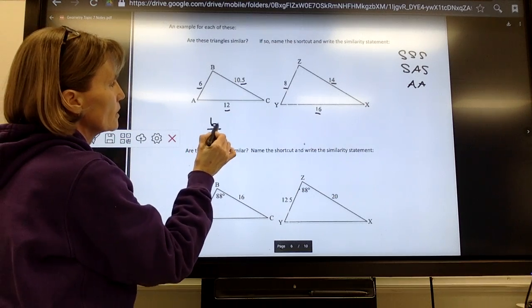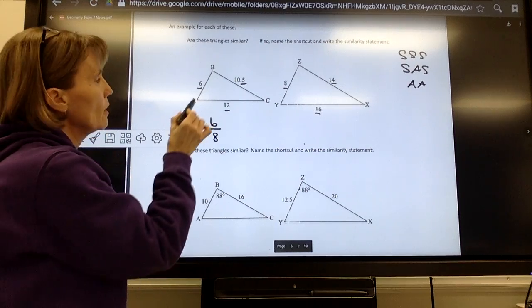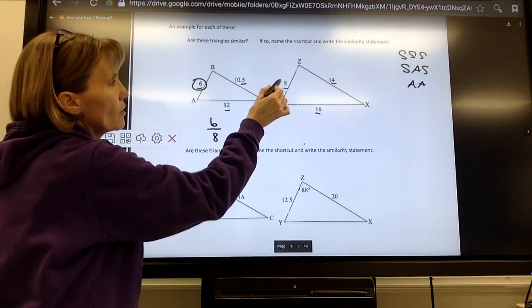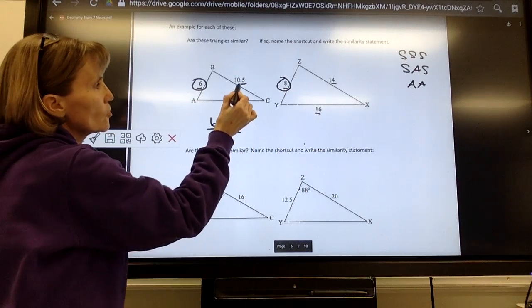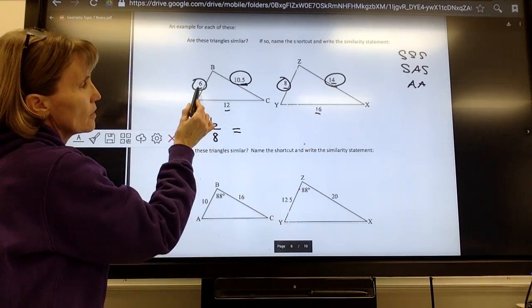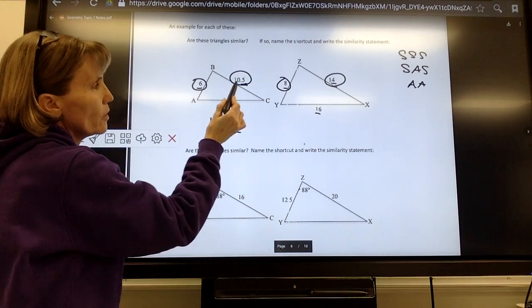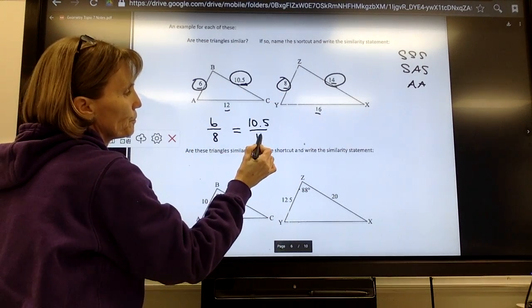So we're going to take 6 and set it in a ratio with its corresponding side. This side on the figure corresponds with this side, so we make a ratio out of it. And we see if that ratio is the same for another set of sides. Since 6 is in the top of the ratio here, I have to put 10.5 in the top of the ratio.